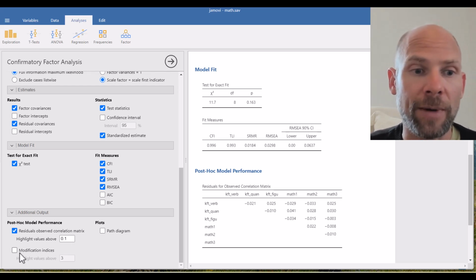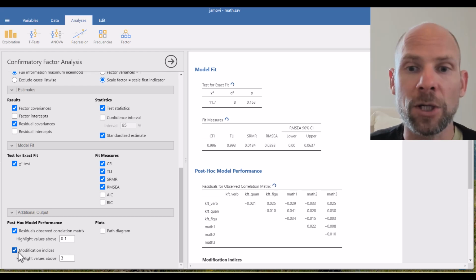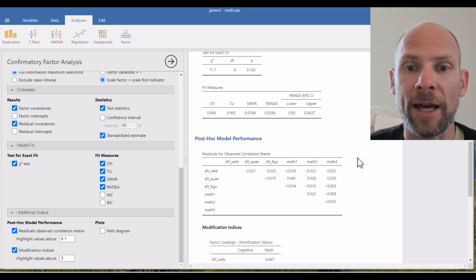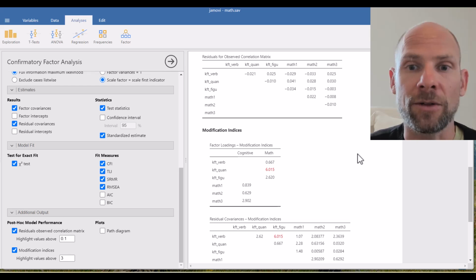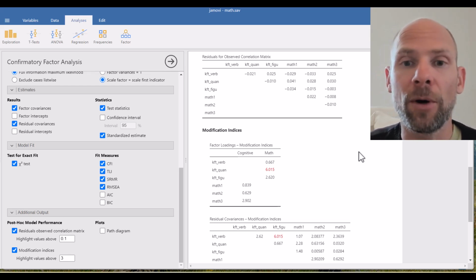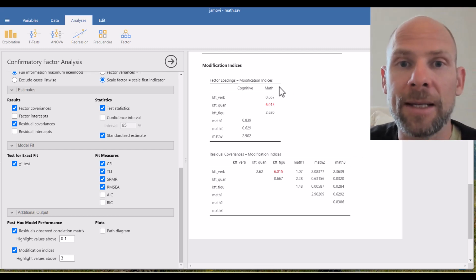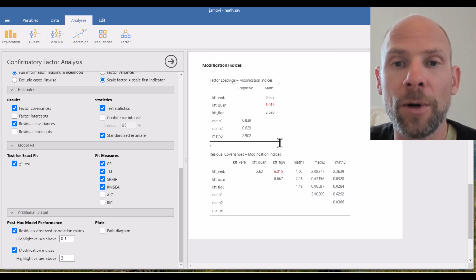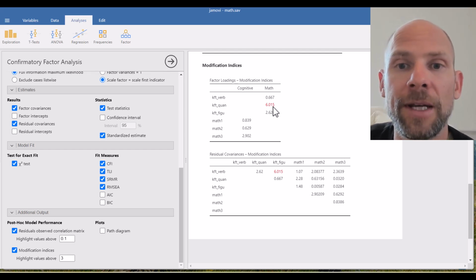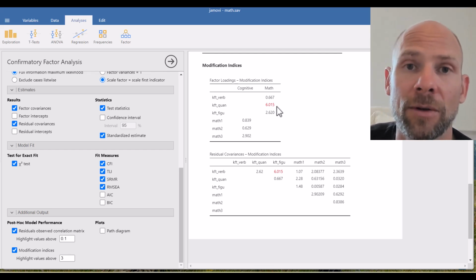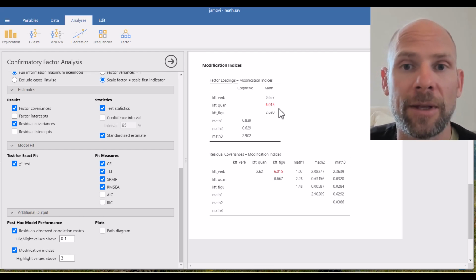You can also request modification indices, which offer another way to look at model misfit and also potential ways to improve the model fit. You can see these modification indices here are provided for different parameter estimates. In this case, the first matrix shows which cross-loadings may lead to an improvement in fit. And so all values of modification indices that are greater than 3 are highlighted in red here, because those could be indicating something that's more important.